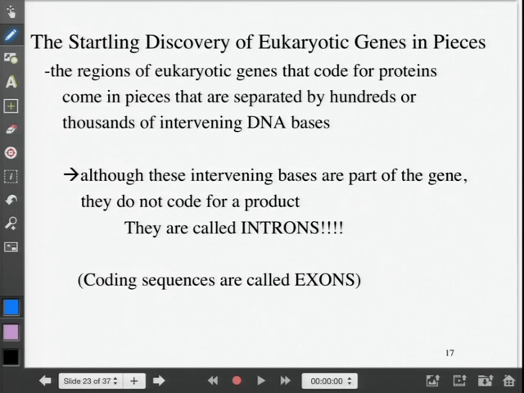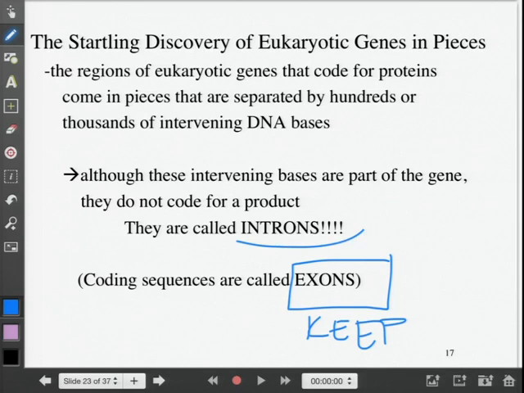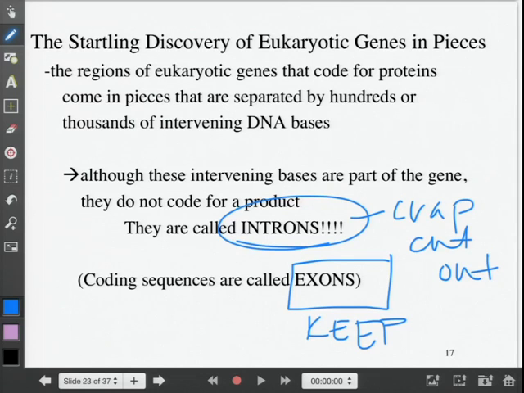Within eukaryotes, there are parts of each gene that do not code for protein. They're not a triplet. You don't want to send them to translation. We have to remove them first. Coding sequences are called exons. We keep those. The parts that we don't want, that we want to cut out, are called introns.